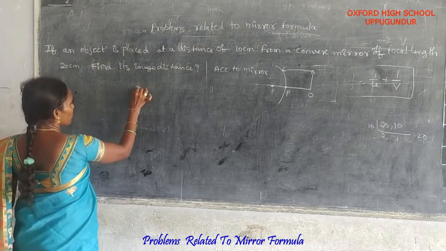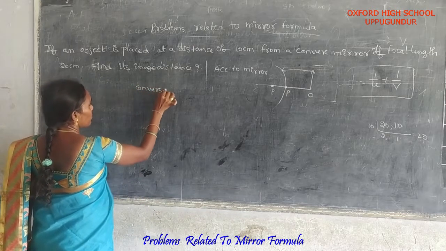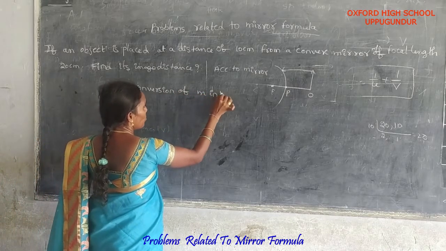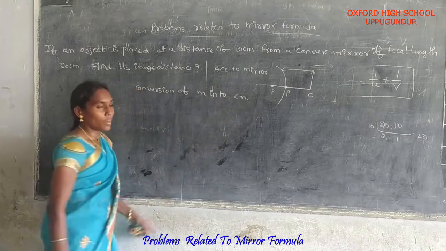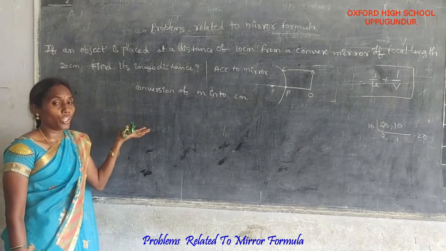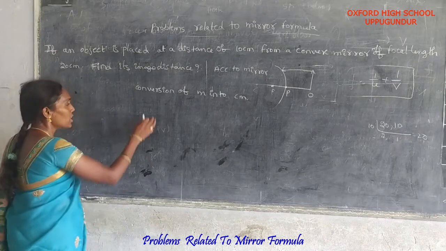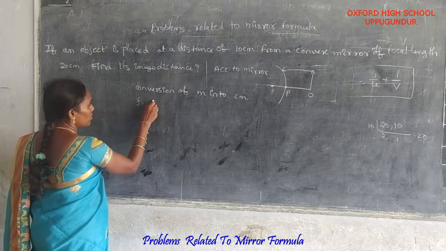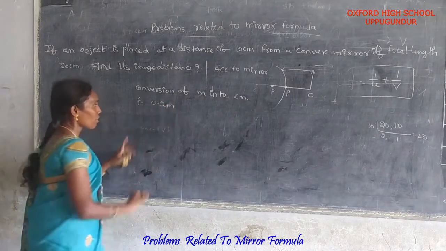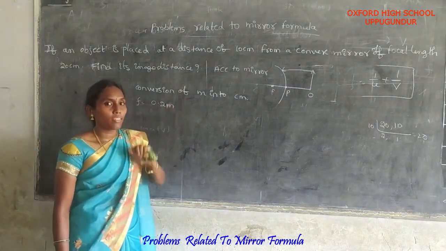Okay, next one: conversion of meters into centimeters. For example, the focal length of a given mirror, whether that mirror is convex, concave or plane, is 0.2 meters. Find its value in centimeters.